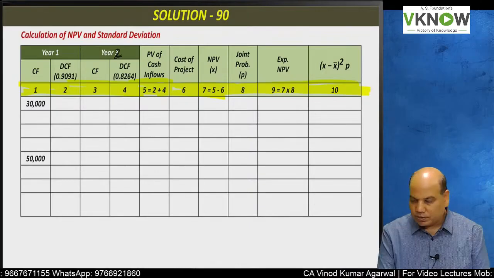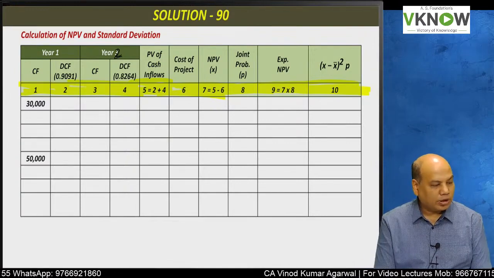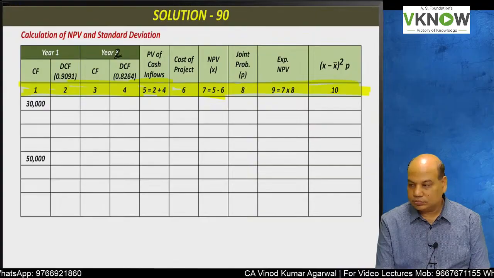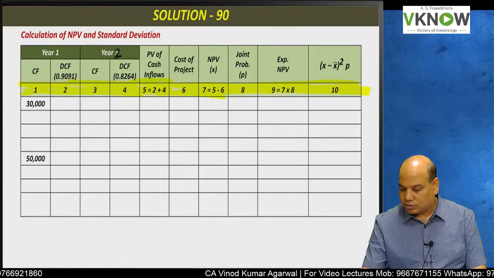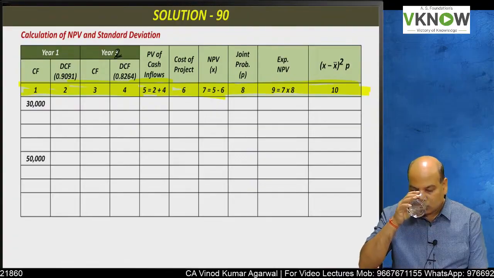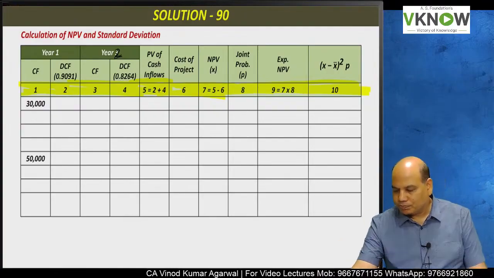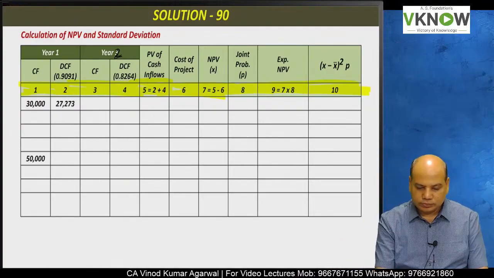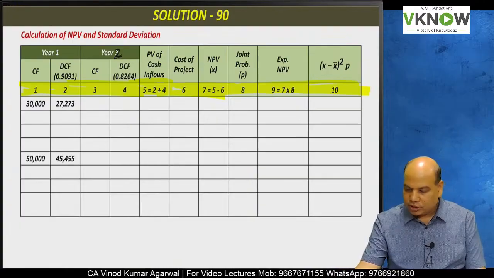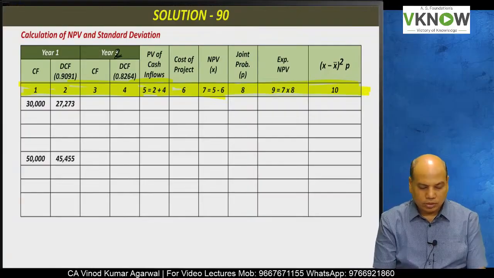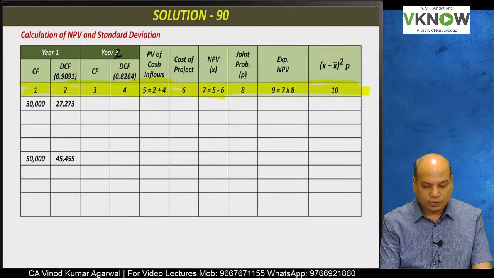Then compute the present value. 30,000 into 0.9091 is 27,273. 50,000 into 0.9091 is 45,455.